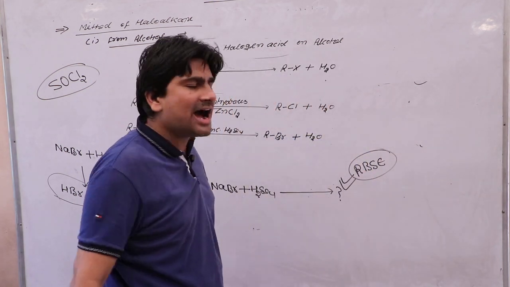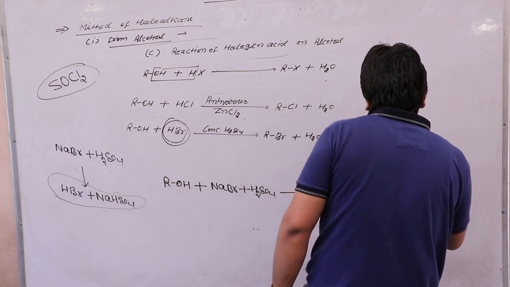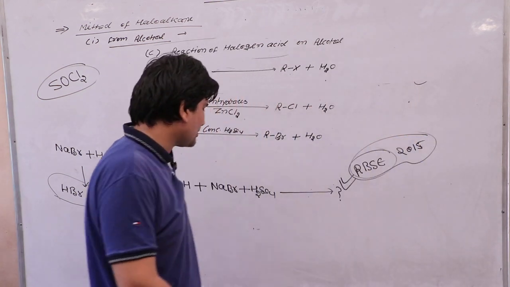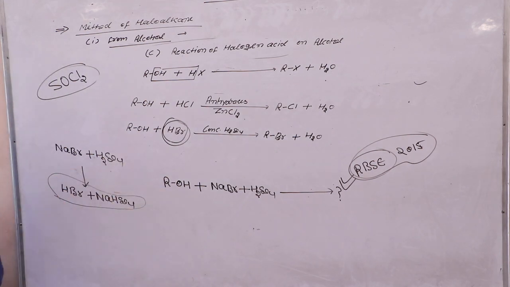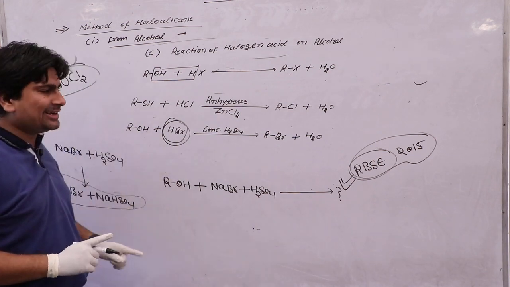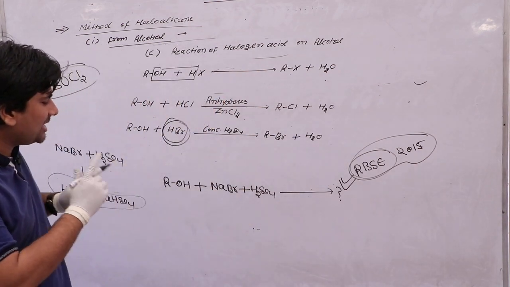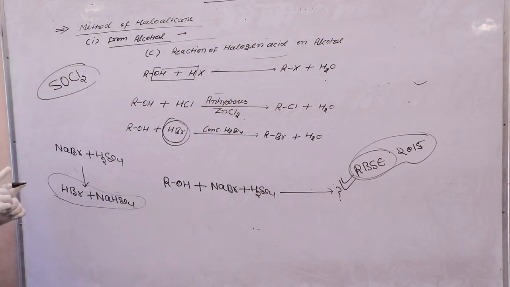It came in RBSE 2015. In this question, HBr is not used. What is the product? Anyone?